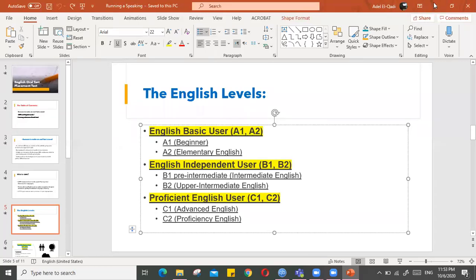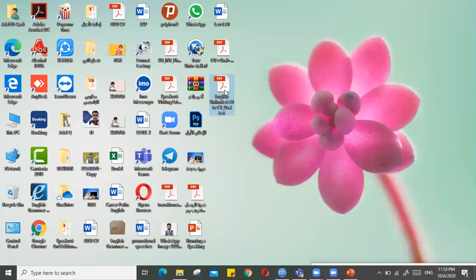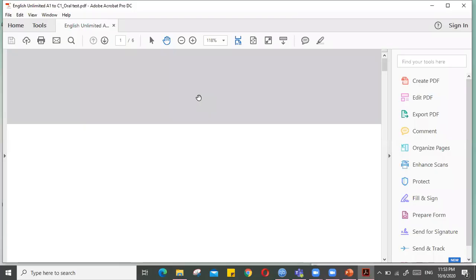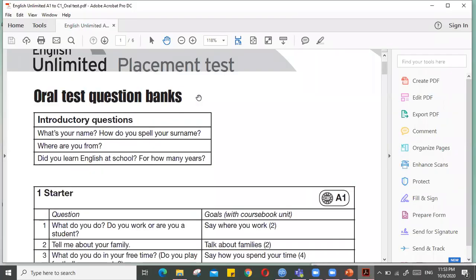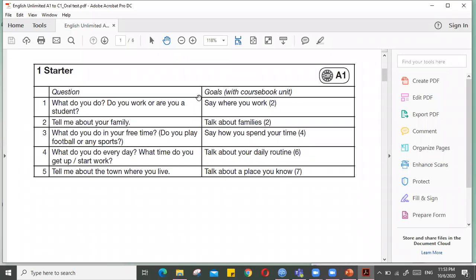And the same division is given in the speaking placement test. Let me show you. This is the oral test. Even in the CEFR, in some universities or curricula, they call it a starter.